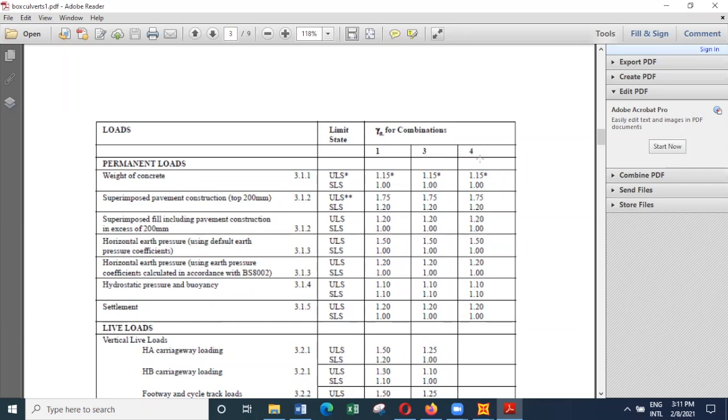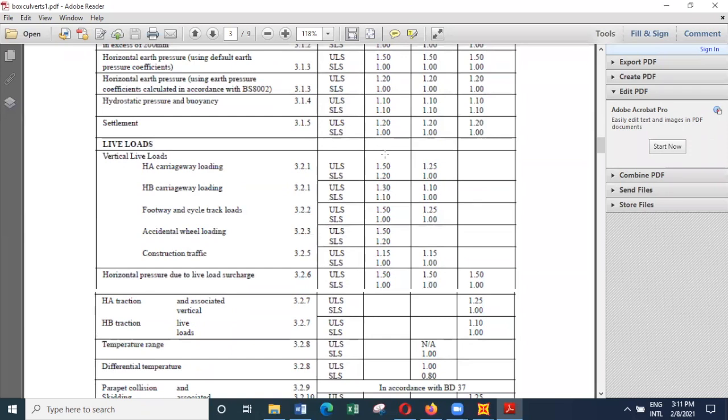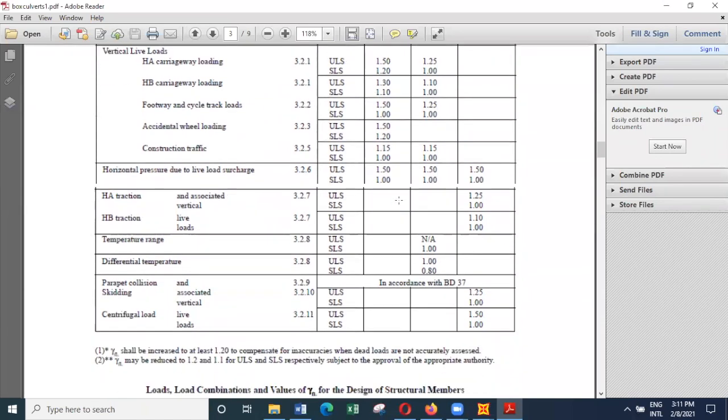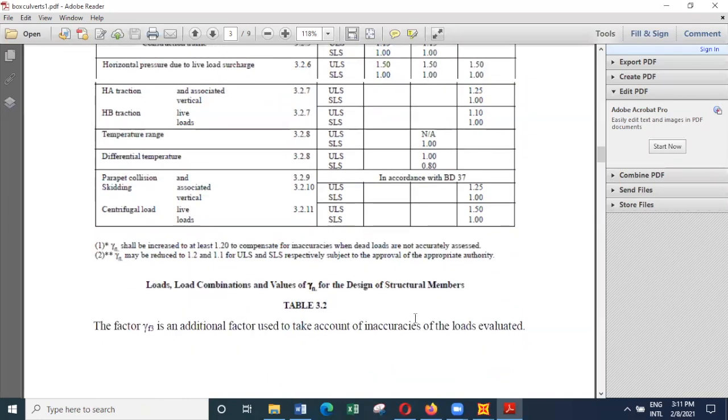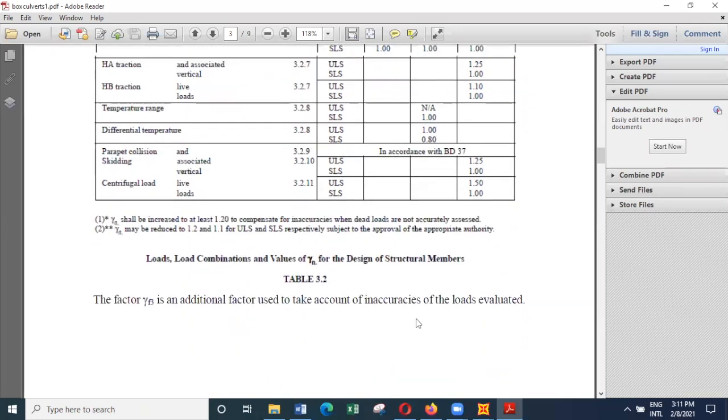Combination 3 is for temperature loads and combination 4 for braking loads and all that. Combination 1 is for all the live loads. And there are factors like A-type loading 1.5, B-type loading 1.3. And on top of all that, you have another factor called gamma F3, which is 1.15.